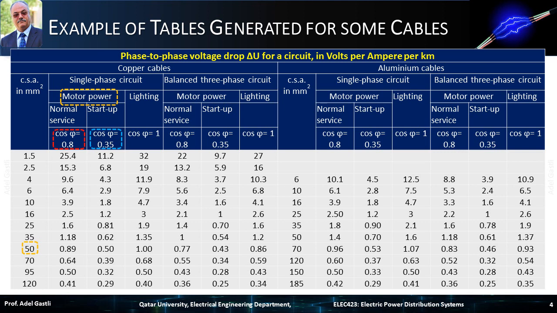Note here that the difference between the two conditions is the power factor. Indeed, during motor starting, the power factor is very low because of magnetic flux establishment. During normal operation, the expected voltage drop in the selected cable is 0.89 volts per ampere per kilometer, and it is 0.5 volts per ampere per kilometer during motor startup.